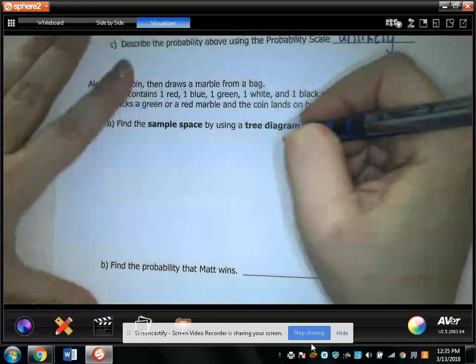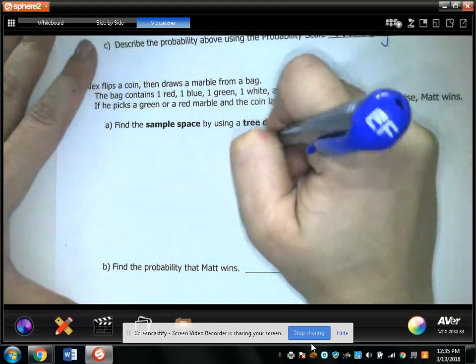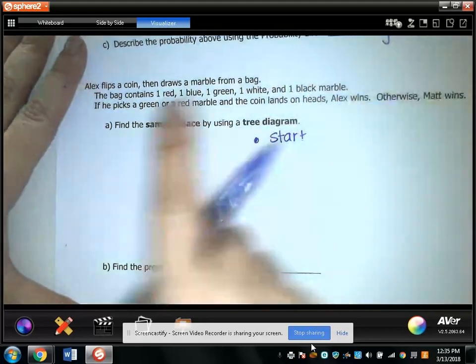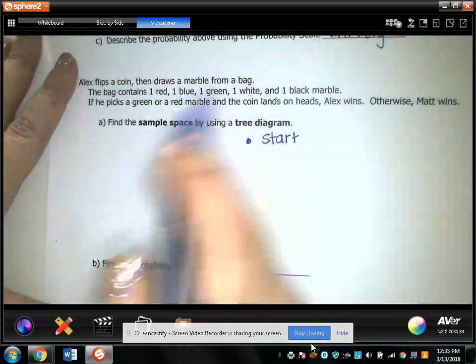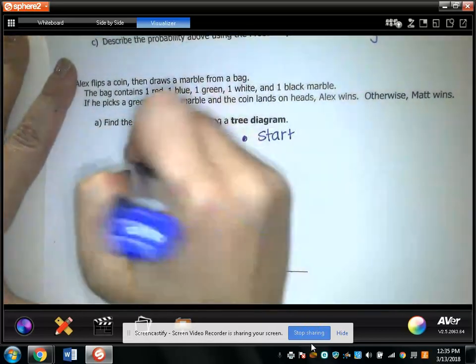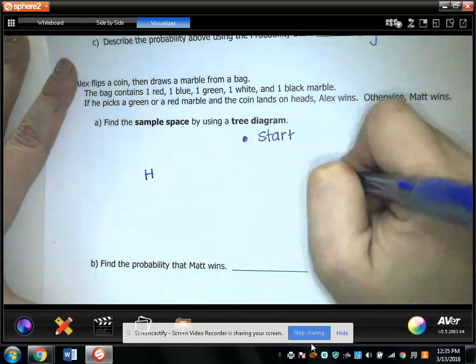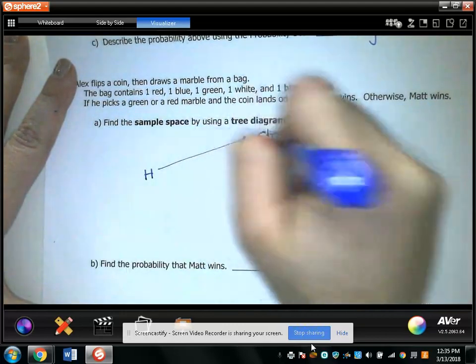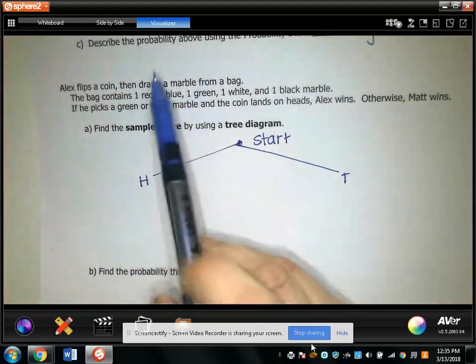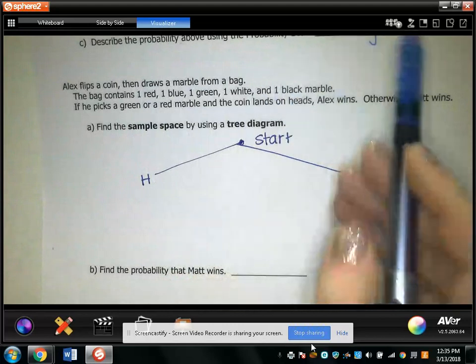All right, well, I'm going to start with my start button. And the first thing he does is flip a coin. And when you flip a coin, you could get heads or tails. So I'm going to write H for heads and T for tails. Then he could pick a marble: red, blue, green, white, or black.